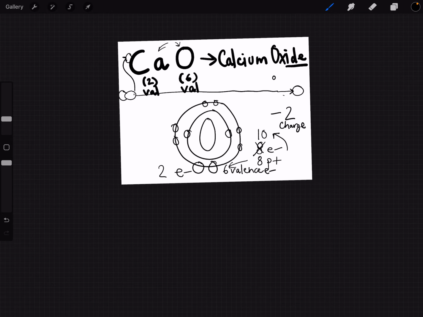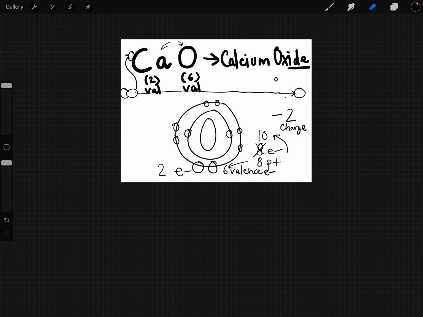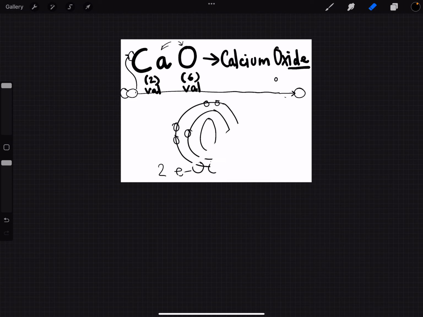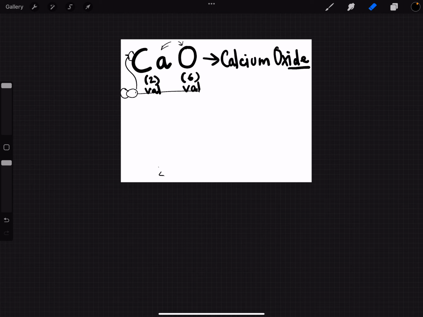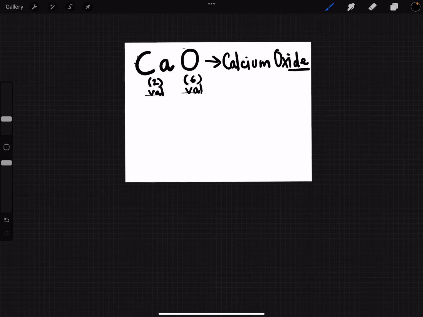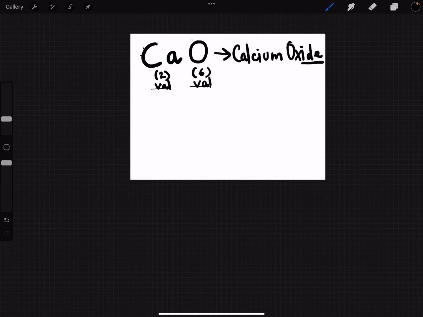Okay, now it's time for me to explain this top part and what it means. Okay, so you'll probably see something like this, where it will have the name of something, and you'll have to find the formula.